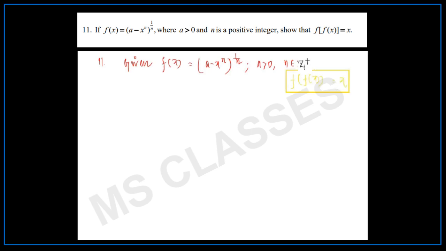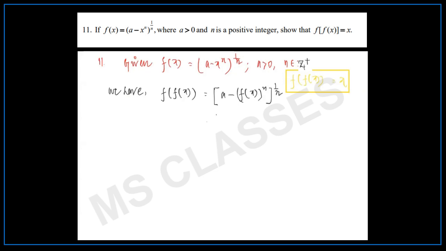So here also we started in this way, that we have f of f(x) equals to (a minus (f(x)) to the power of n) whole to the power of 1 by n.